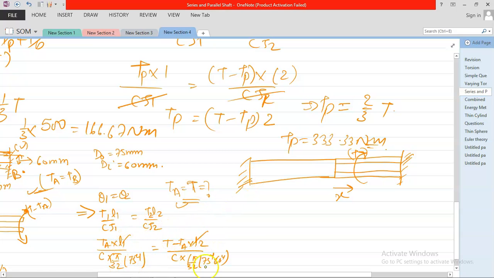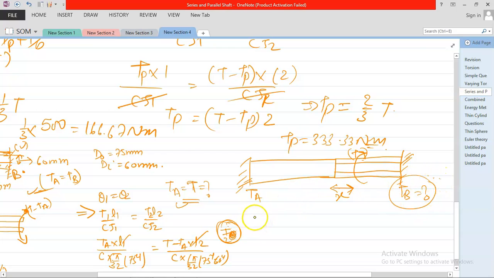Now you need to find where, because as you can see here, L1 and L2 are same, but this value and this value are not same. That means it will not be equal, but it should be. So how will we solve this?